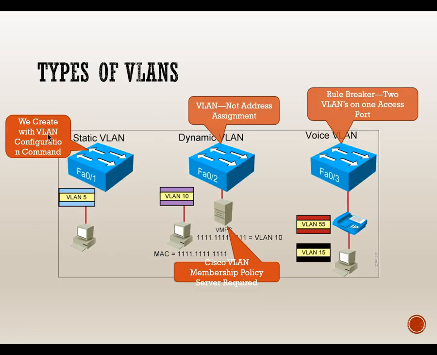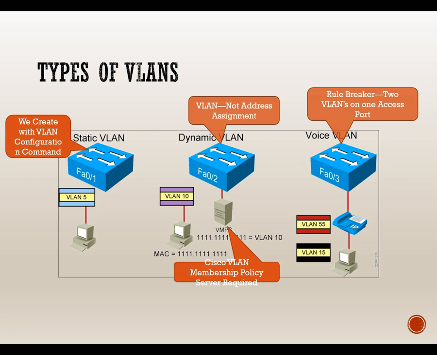So the types of VLANs we can create: with a VLAN configuration command, which is what we did. We went in and created a VLAN, and then we added the devices, the ports, to the VLAN. Then we have a dynamic VLAN.